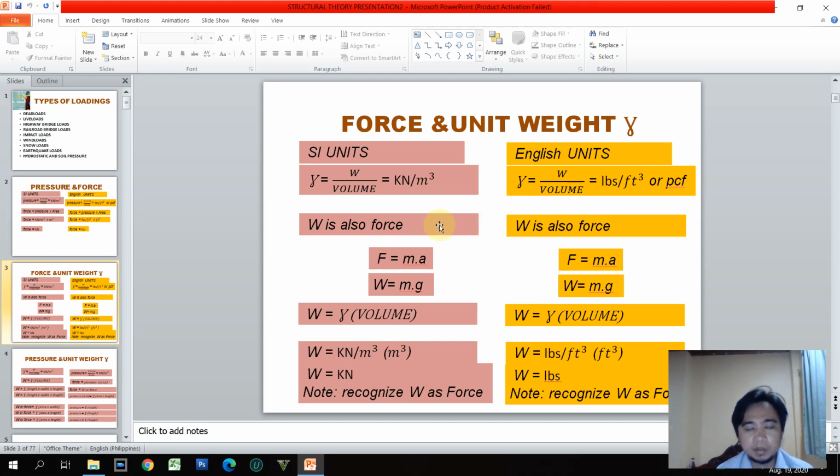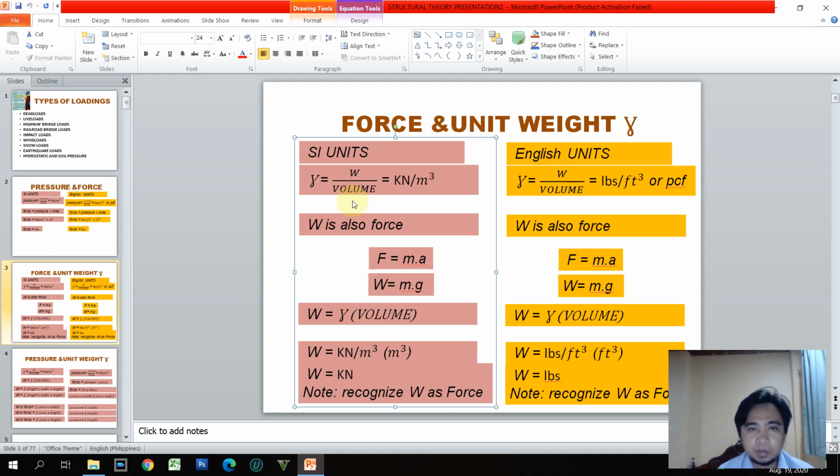So remember that W here is also a force, or weight is also a type of force. That is why in your formula, F is equal to mass times acceleration. Force is just replaced by W here, and then A is replaced by the acceleration due to gravity, which is the acceleration involved in a free falling body, resulting to a force weight.